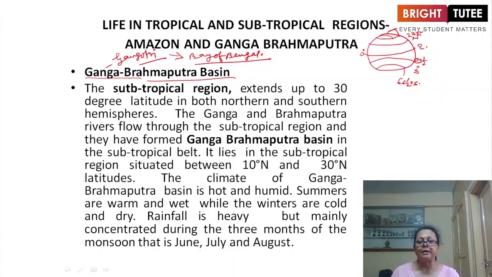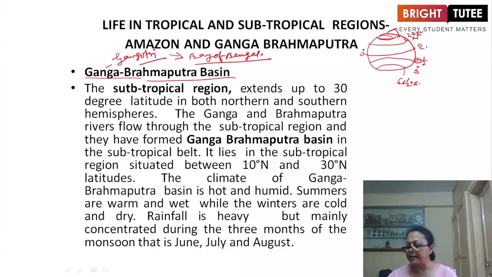The subtropical region extends up to 30 degree latitude in both northern and southern hemisphere. From 23 till the 30 degree, because this curvature is of the 66 and half.